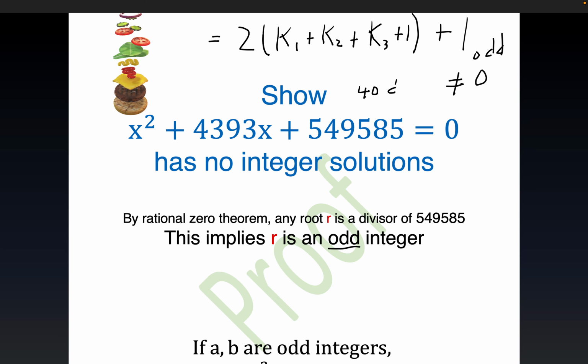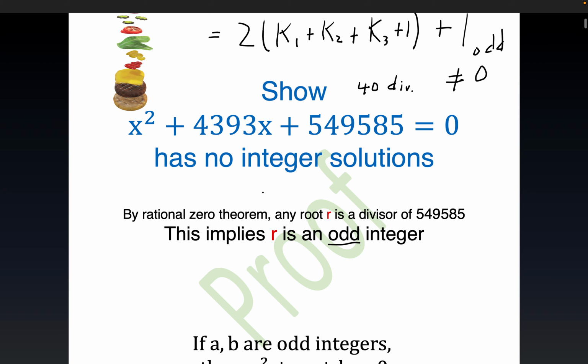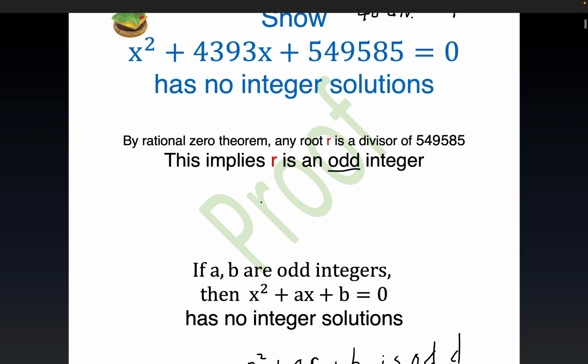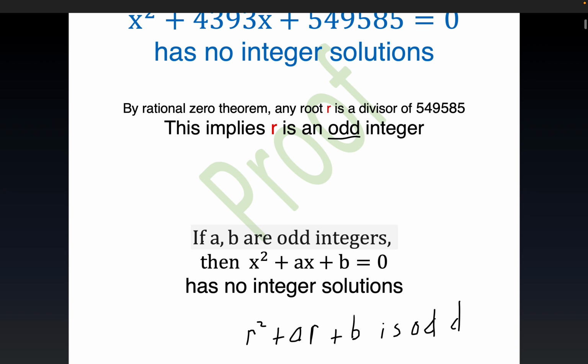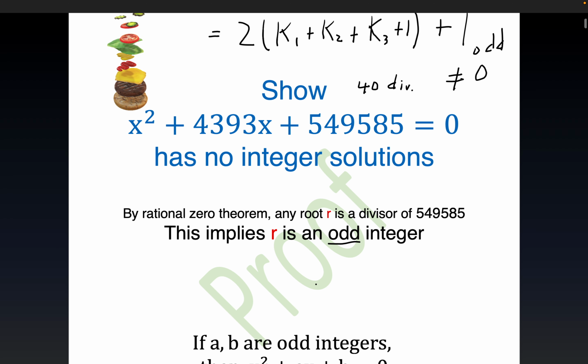So you'd be stuck checking 40 divisors using synthetic division or something like that. But if you just take advantage of the fact that these large coefficients are odd numbers, and then you have the more general truth here, if a and b are odd, then this equation has no integer solutions by our earlier argument.